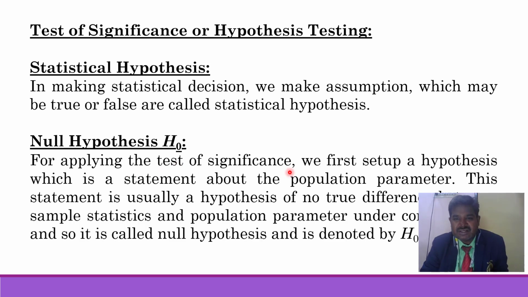For applying the test of significance, we first set up a hypothesis which is a statement about the population parameter. The statement is usually a hypothesis of no true difference between sample statistics and the population parameter under consideration, and so it is called the null hypothesis and is denoted by H0.